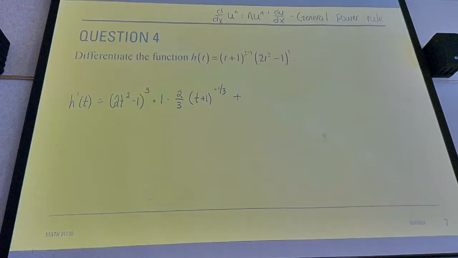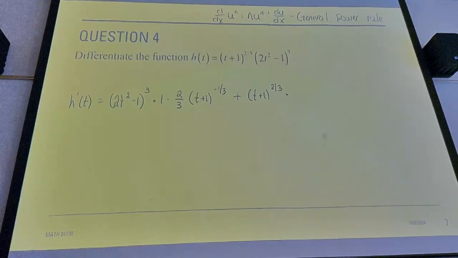Now product rule says we have to add. Times the derivative of the second function. Again, what kind of function is that? It's a composite.